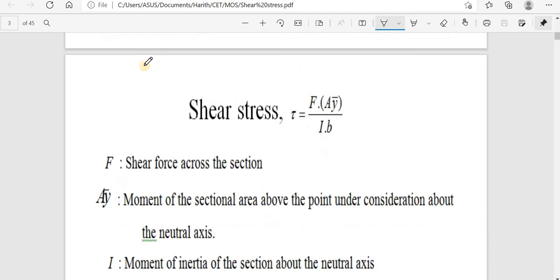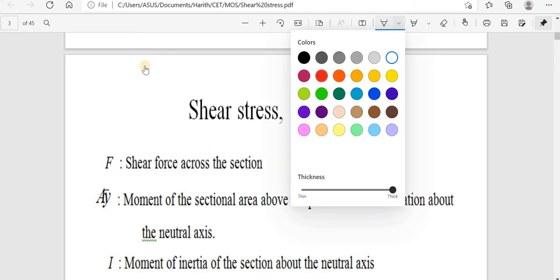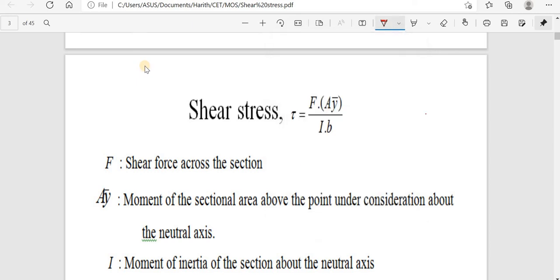The shear stress is given by this equation: tau is equal to F into A into y bar by I into B. Just consider a section like this, a rectangular section.